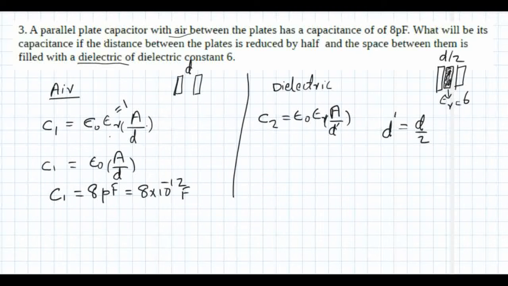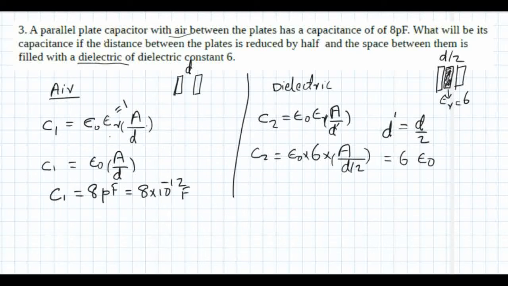Therefore C2 is equal to what? Epsilon 0 into the value of epsilon r, which is 6, into A by D dash, where D dash is equal to D by 2. That is equal to 6 epsilon 0, and this 2 from D by 2 will go to the numerator.